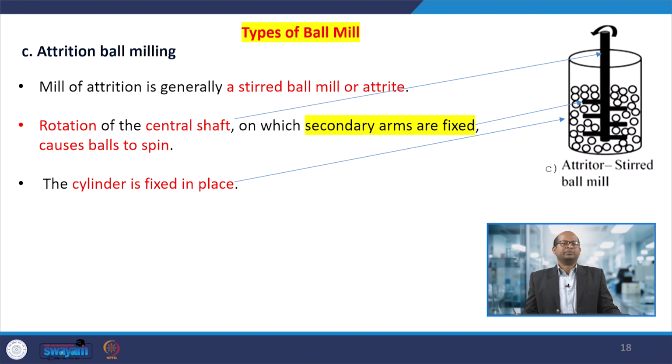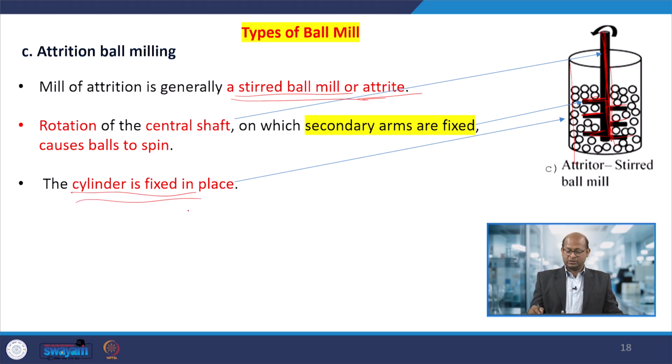Next is the attrition type of ball milling. In attrition milling, generally the balls are stirred. There is a stirrer that moves the balls. The central shaft rotates, the cylinder is fixed, and the balls also move, interact with the materials, and size reduction takes place.